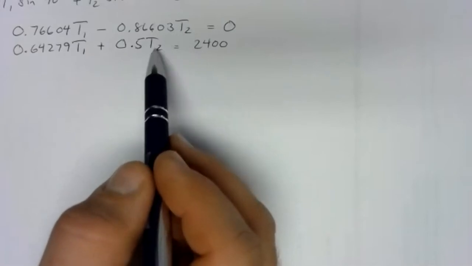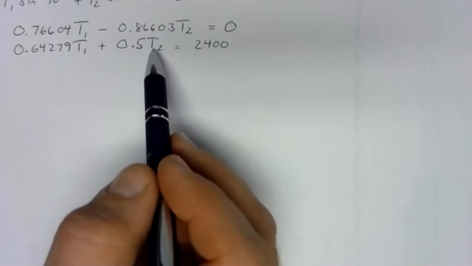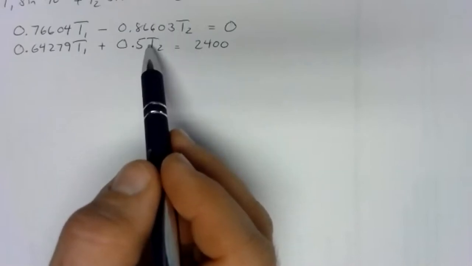Since I want to make the coefficients the same in front of T2, the easiest coefficient to make is a coefficient of 1.